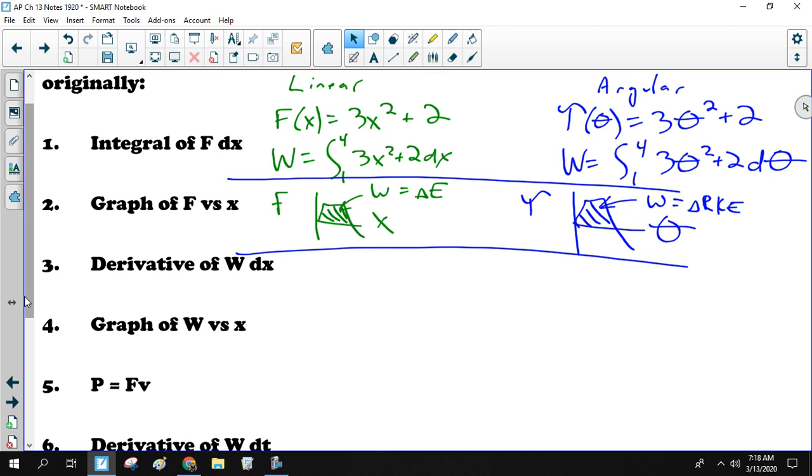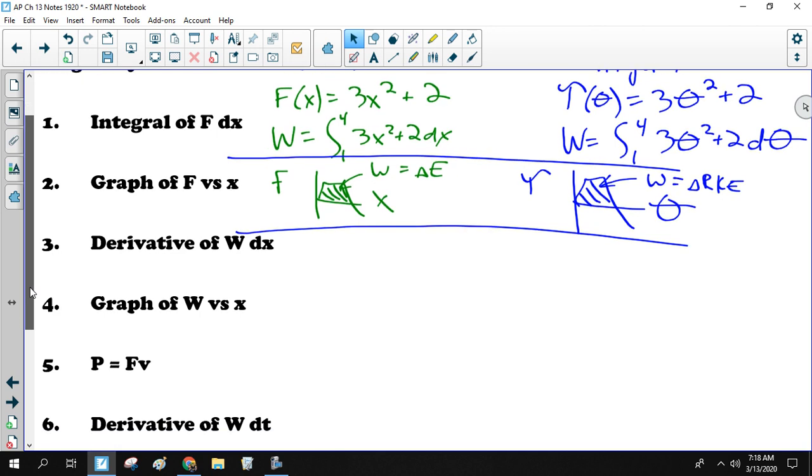In terms of derivatives, what's that going to look like? Well, maybe I give you a thing that says an object's kinetic energy as a function of position is 2x cubed plus 3, right? And then I want to know what your net force is, right?